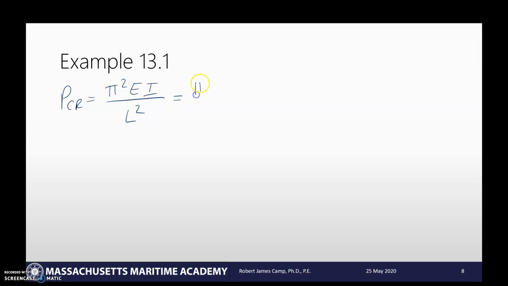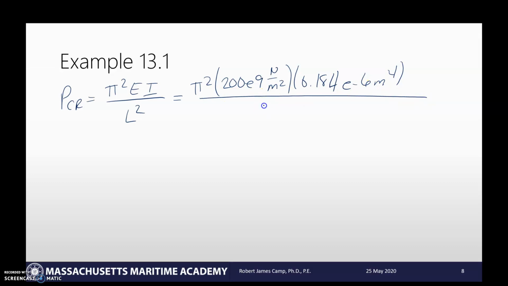Pi is easy, everybody knows pi. E is given to us in the problem, 200 gigapascals, so 200 e to the 9th newtons per meter squared, which is why I converted everything over to meters. 184, I don't need to carry out all the rest of that, times 10 to the negative 6 meters to the fourth. Divide that by L squared. L is the length of that guy, so 4 meters squared.